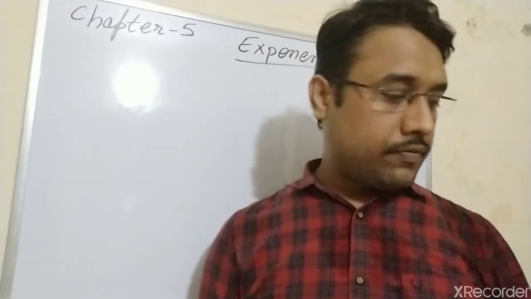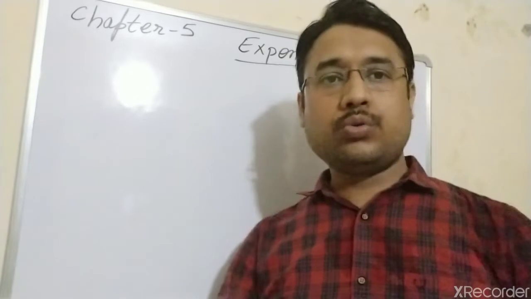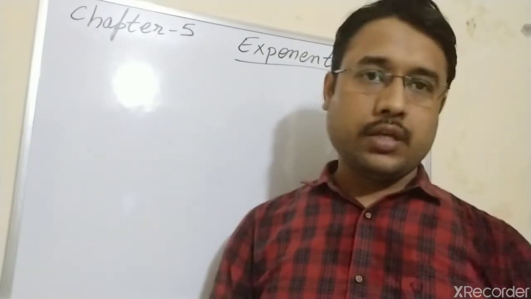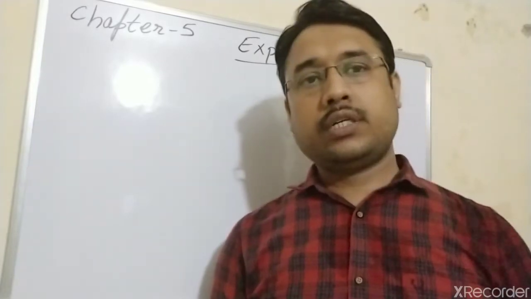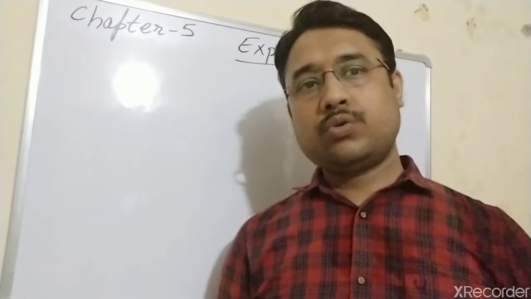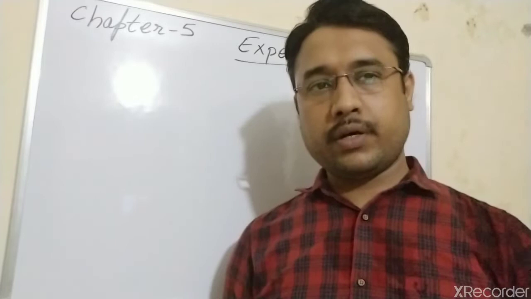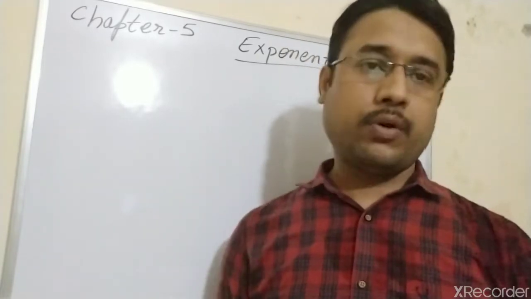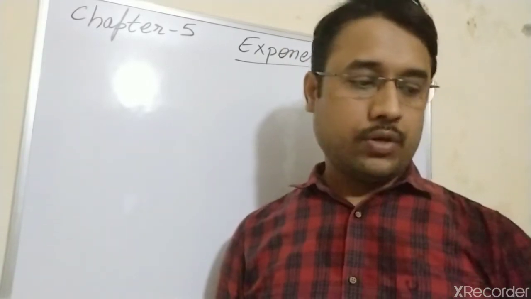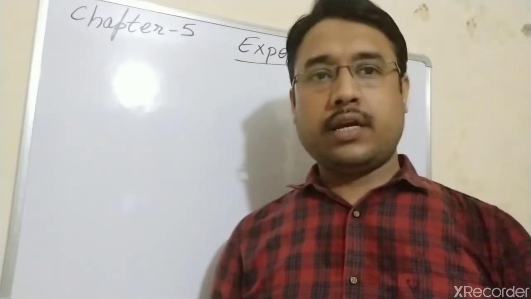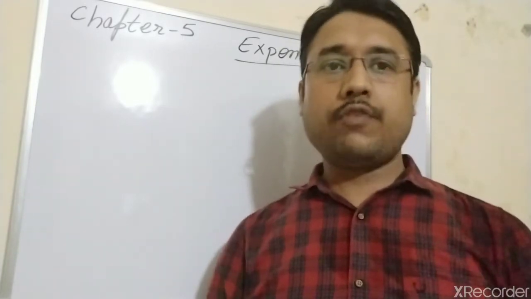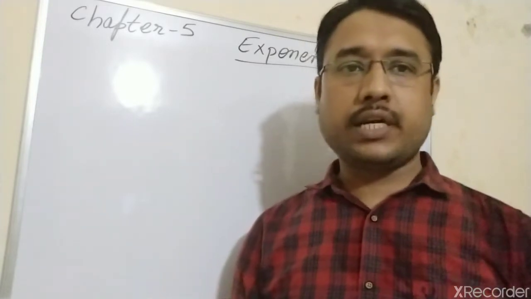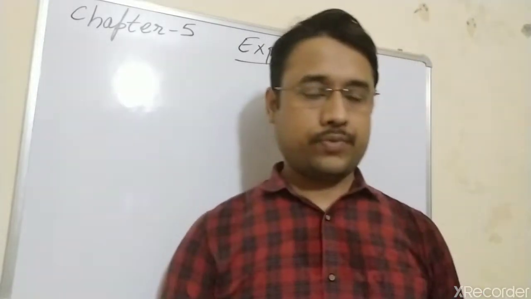Then we have to see how to convert a rational number into its exponential form, and the next type of question is how to convert an exponential form number into its corresponding rational number. And at the last we will see the comparison between exponential form numbers, that means which number is greater and which number is smaller.